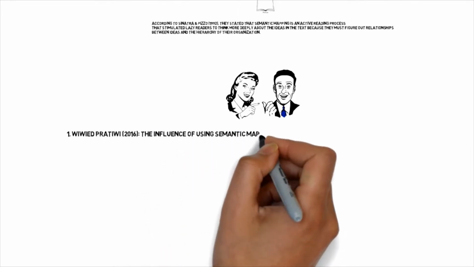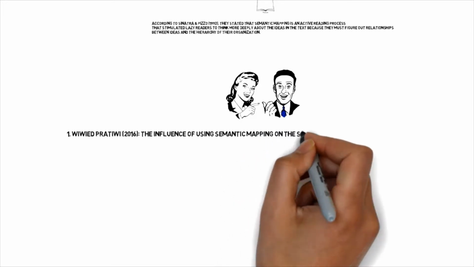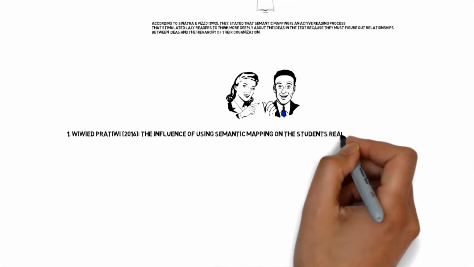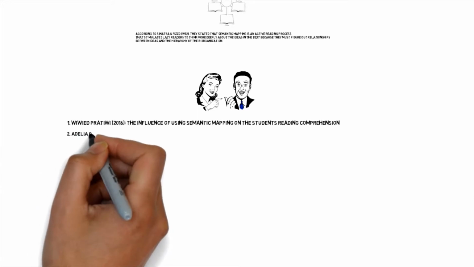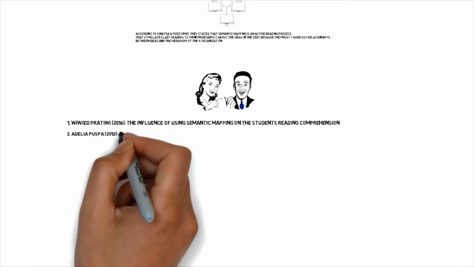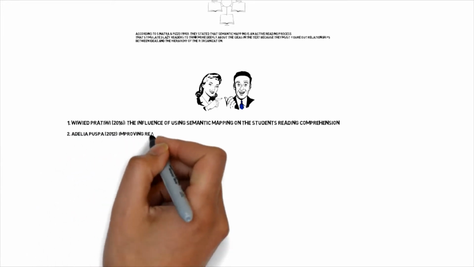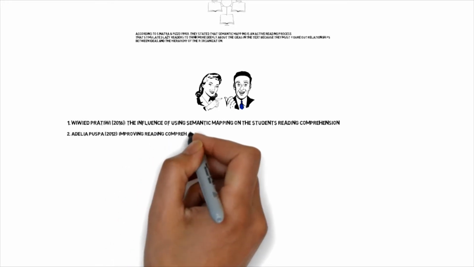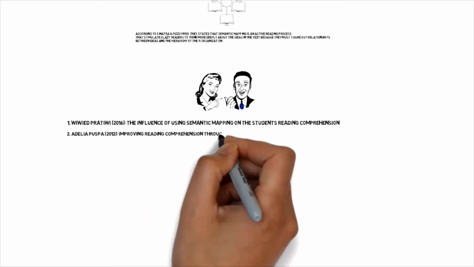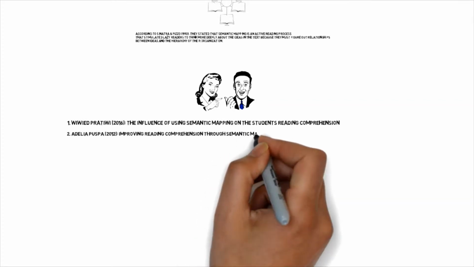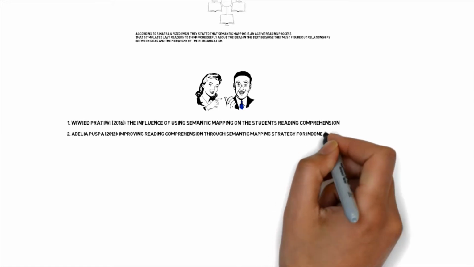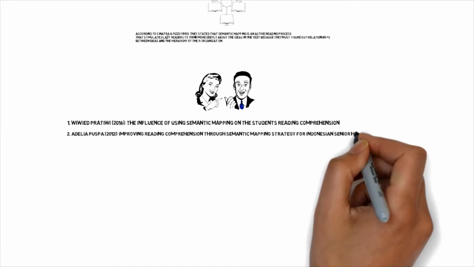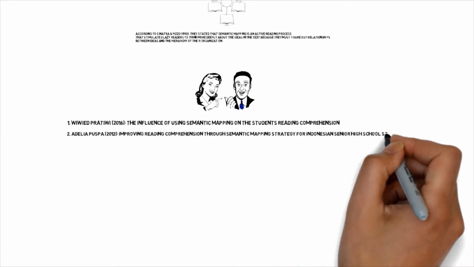She outlined in her research that semantic mapping strategy can be an alternative choice for reading comprehension improvement. Second, Adelia Puspita, 2012. Improving reading comprehension through semantic mapping strategy for Indonesian senior high school students. This research investigates how semantic mapping strategy can improve students' reading comprehension.